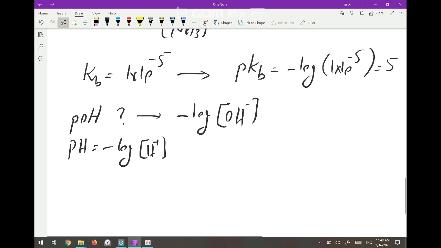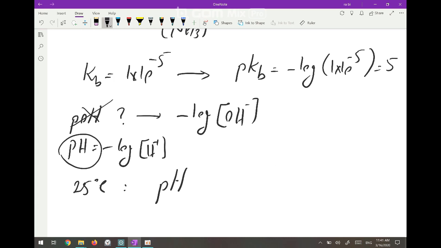Most of the time in the question they ask us what is the pH of the solution, not what is the pOH, but there is a relationship between the pH and pOH. So if you find the pOH, you can easily find the pH of the solution. At 25 degrees, this relationship is available between the pH and pOH. pH plus pOH is equal to 14.